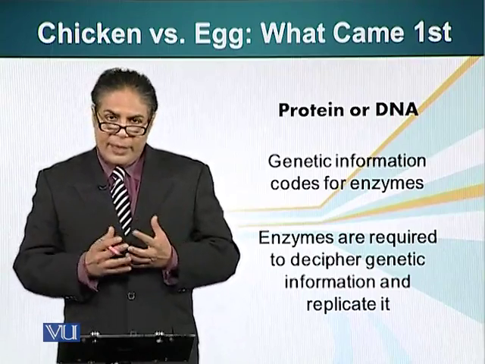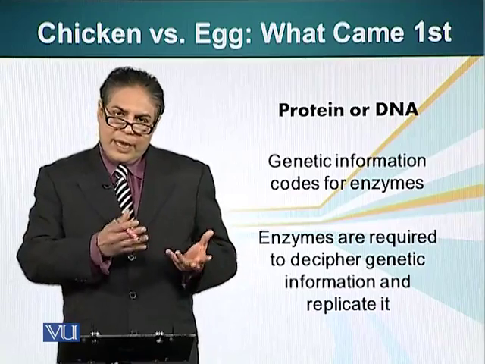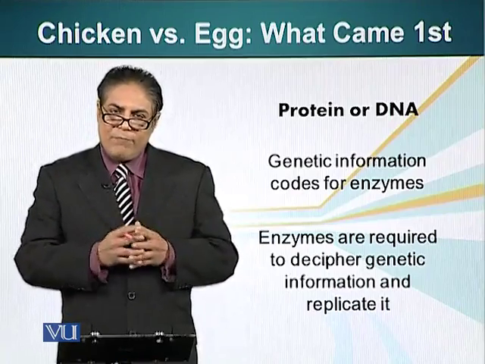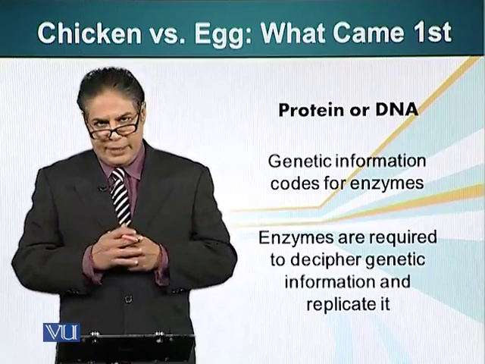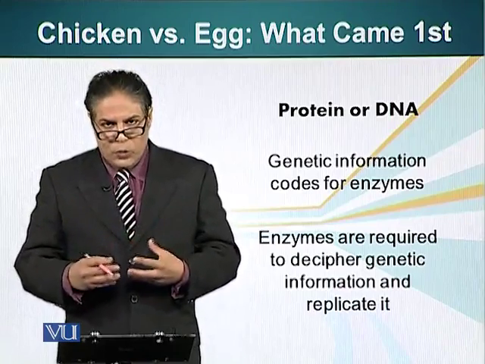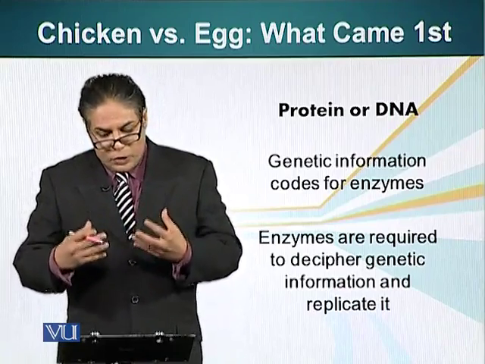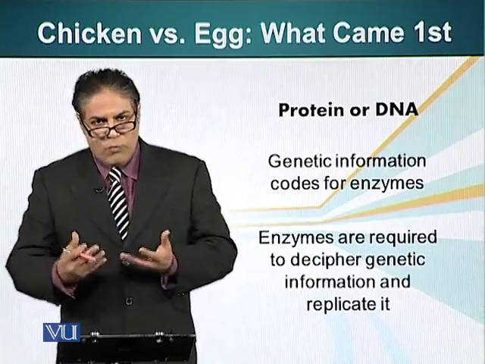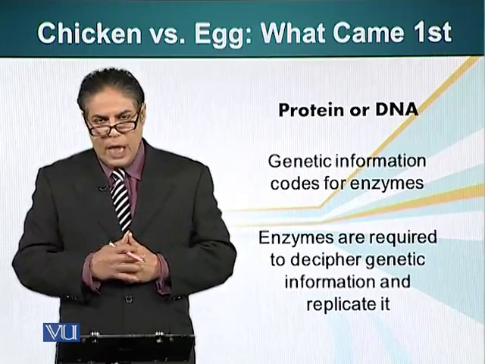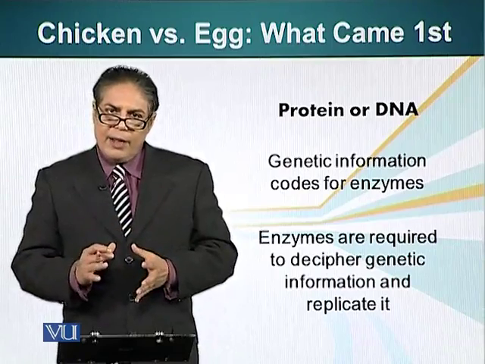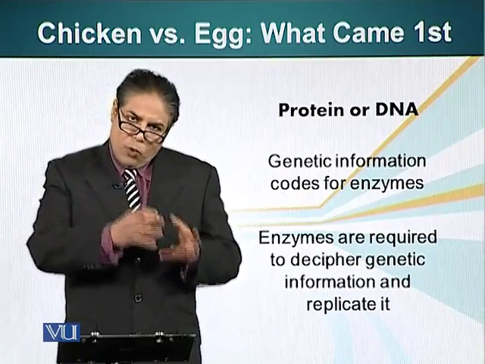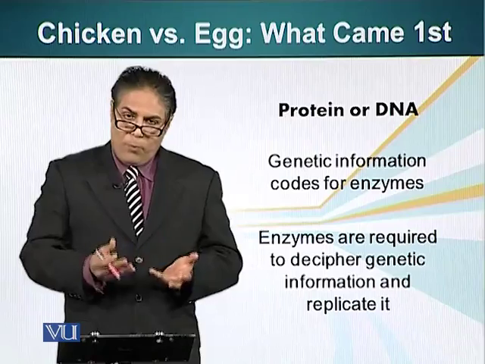But the dilemma here is what came first in evolution. If DNA came first, it would not be able to replicate itself, or it would not be able to do any functional work without the presence of proteins. Proteins, on the other hand, need something to code for them, and DNA codes for proteins.